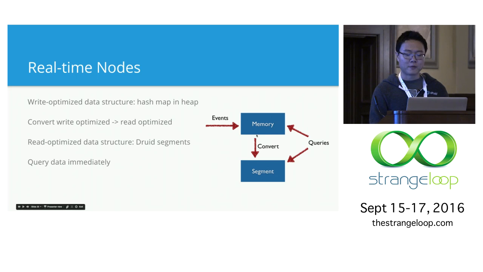The write-optimized data structure is basically just a giant in-memory buffer, and events are written to memory as fast as possible. Because this is not very read-optimized, you periodically convert the data in this in-memory buffer into the Druid segment format. So you have this forever-going process of events being written to memory and converted to the Druid segment format. While all this is happening, Druid can answer queries on both these pieces.